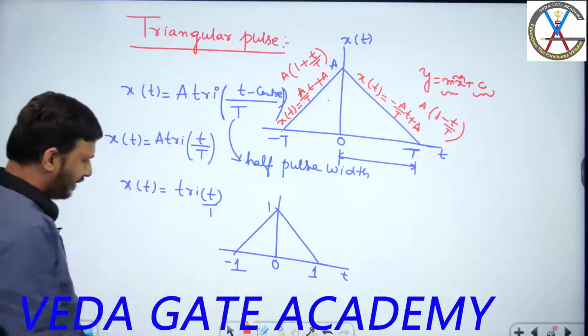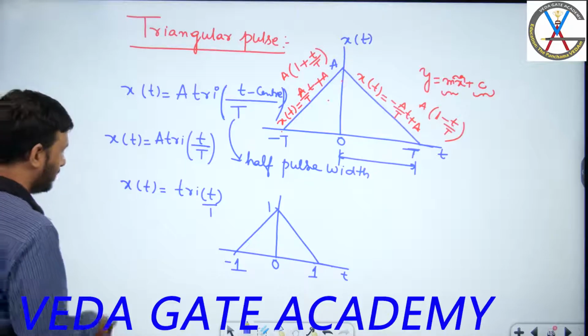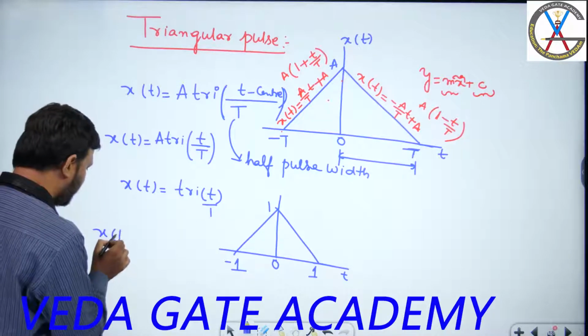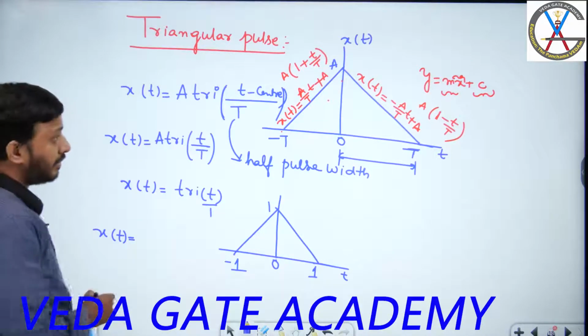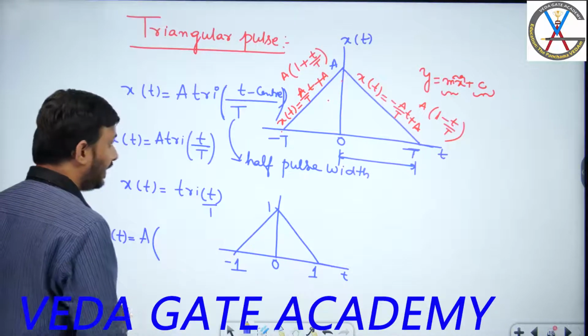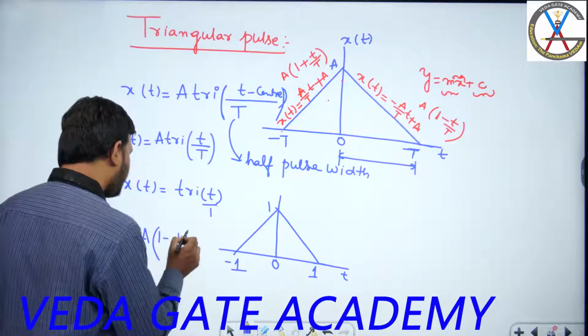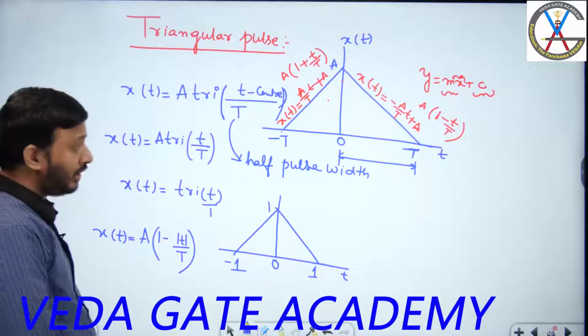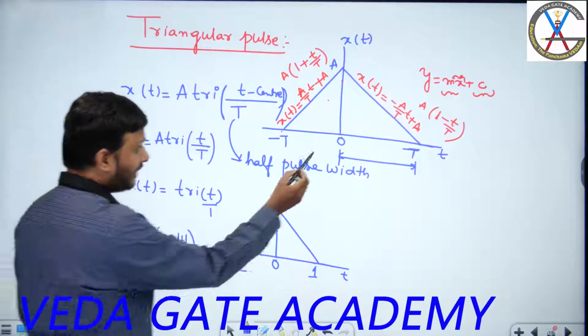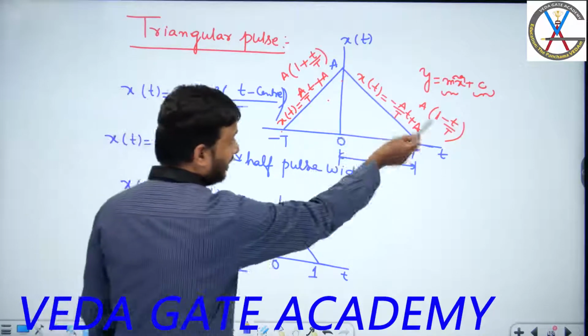So combining those two, what can I write? x of t is equal to the next representation. Can I write this as A times 1 minus mod t by T. Mod t means from 0 to T. Because if I take from 0 to T, here t becomes positive, so that I will get the equation of this line.